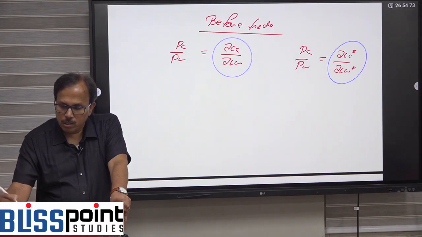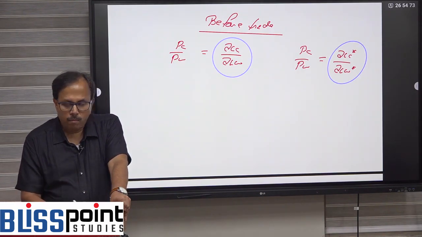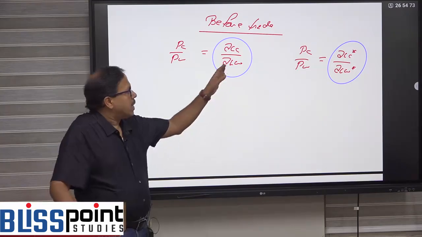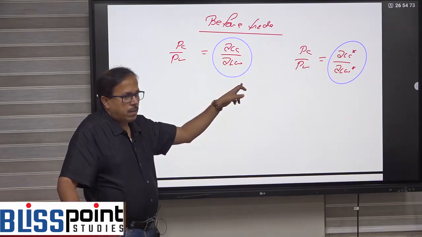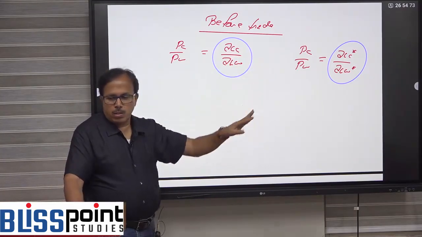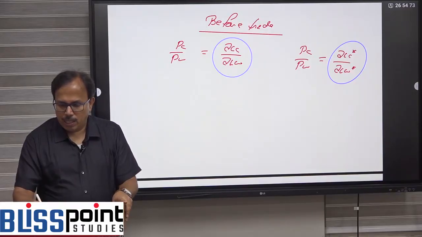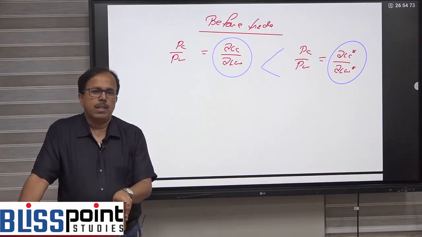Now these two numbers are not the same. It could be that the second value is greater. Suppose I take a specific case and say this is the case without trade.